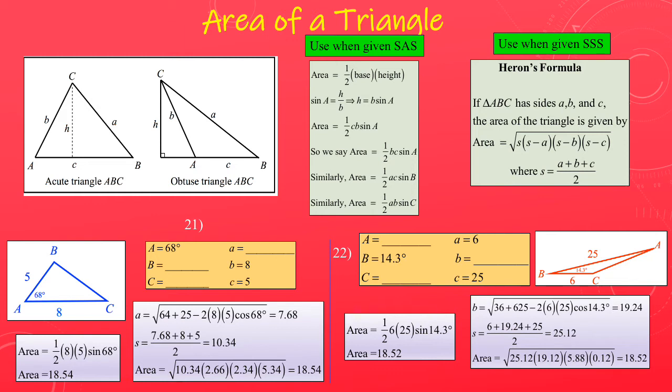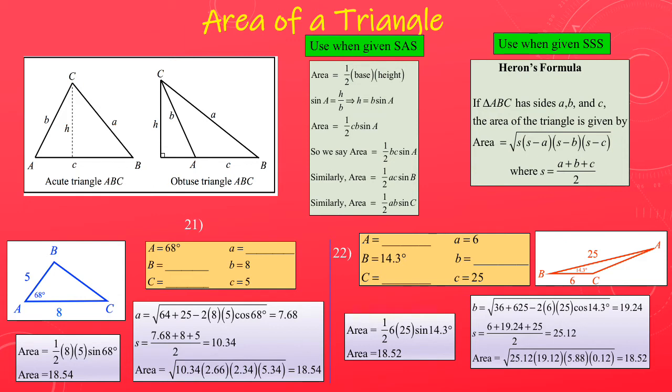b would equal the square root of 6 squared, 36, plus 25 squared, 625, minus 2 times 6 times 25 cosine of 14.3 degrees, which is 19.24, and we should store that value. The semi-perimeter is 6 plus 19.24 plus 25 divided by 2, which is 25.12. And we should store that value too.